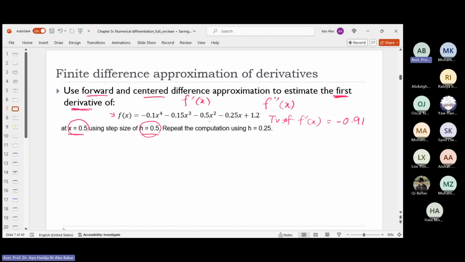Before we proceed, I just want to recall your understanding on differentiation. What should the differentiation equation of this function be? Come, let me know what is the differentiation equation.